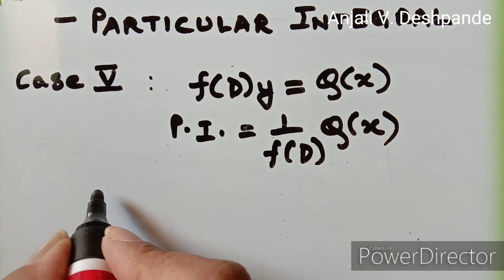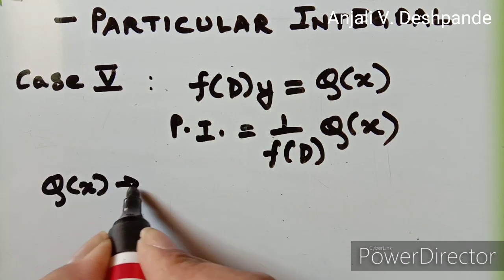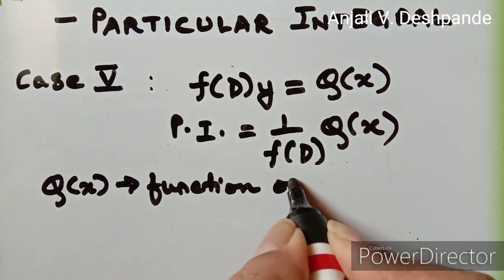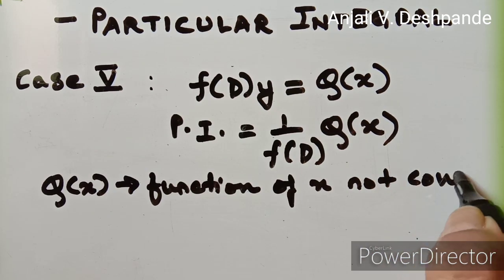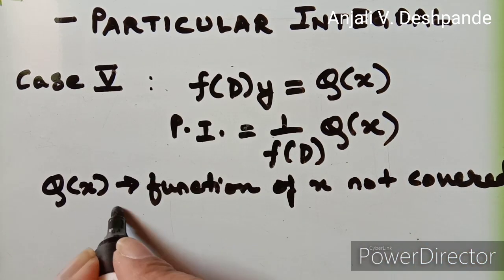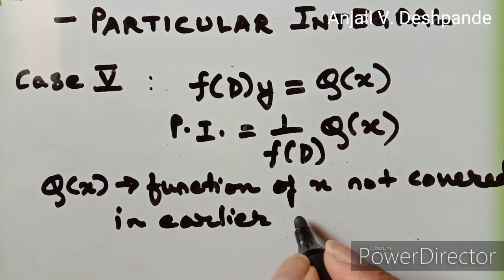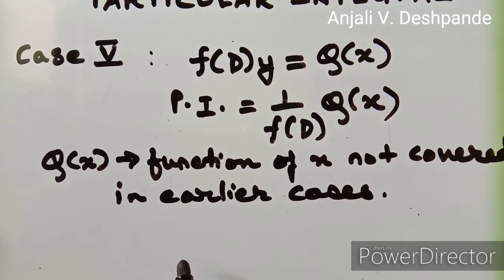So here Q(x) will be a function of x not covered in earlier cases. That means case 1 to 4.